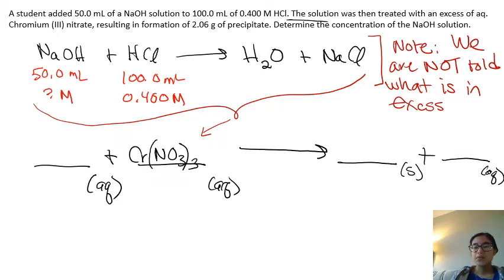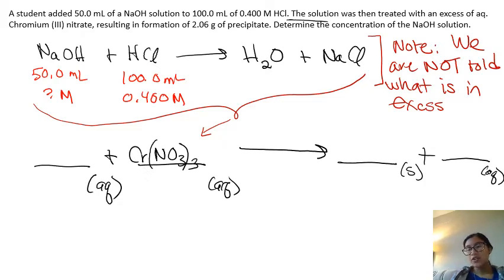All right, so now we have to apply our solubility rules. We know that chromium nitrate is going to react with something, and it's going to form a precipitate. So we need to think, what in this whole set of equations could possibly react with chromium and produce a solid precipitate?